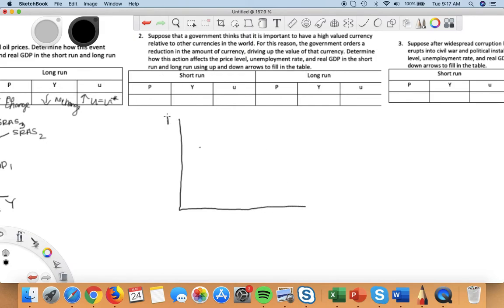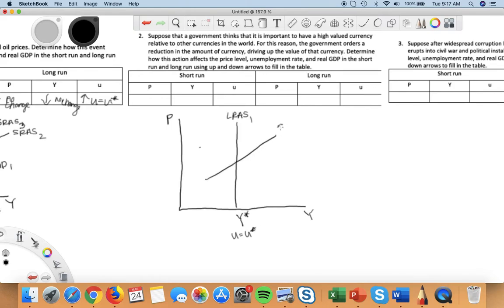I know this will get tedious, but I promise you it's harder for me right now on this little annoying graphics tablet thing. So this is LRAS1, vertical at Y star, U equals U star.